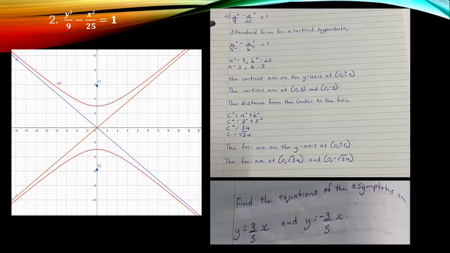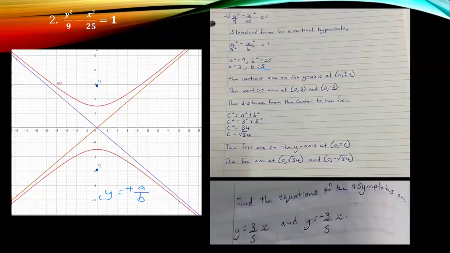So we have y equals plus or minus a divided by b. This is the opposite of what we did before, so we switch the values. Our a value is 3 there, and our b value is 5.